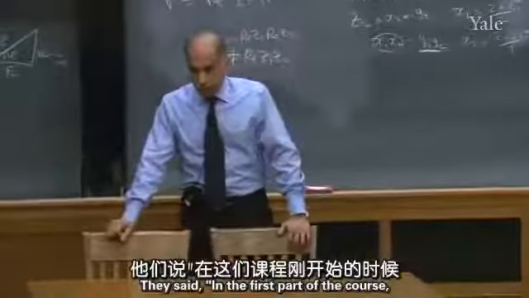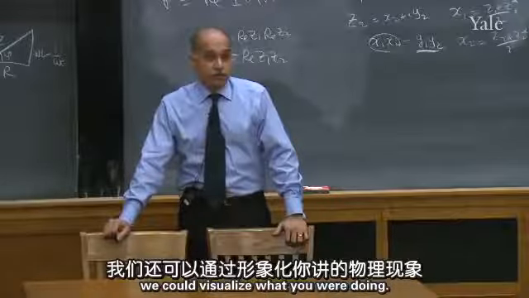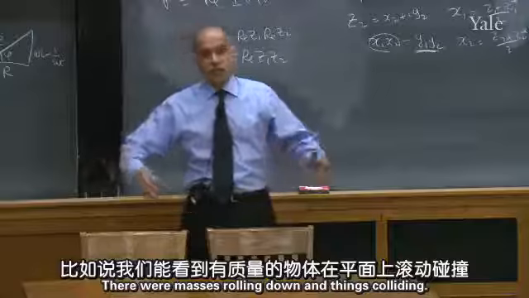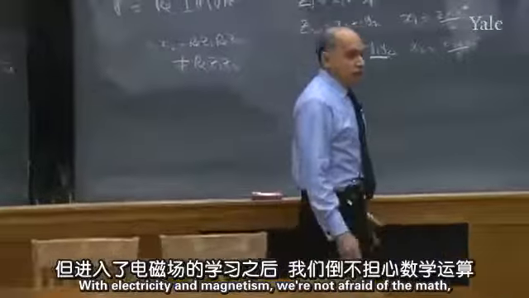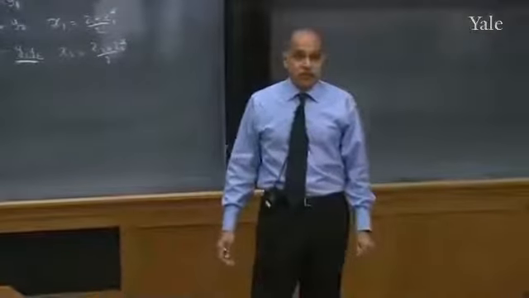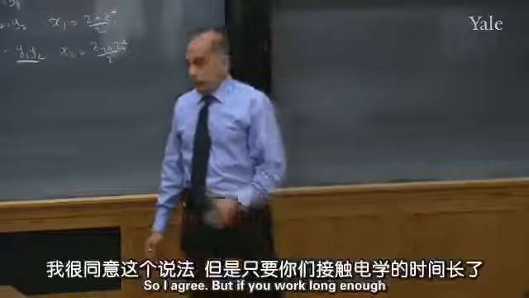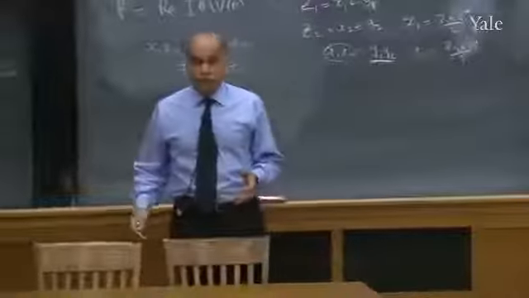They said, in the first part of the course, we could visualize what you were doing. You know, the masses rolling down and things colliding. With electricity and magnetism, we're not afraid of the math, but we don't have an intuitive feeling for these things. So I agree. But if you work long enough with electricity and magnetism, you get used to them.